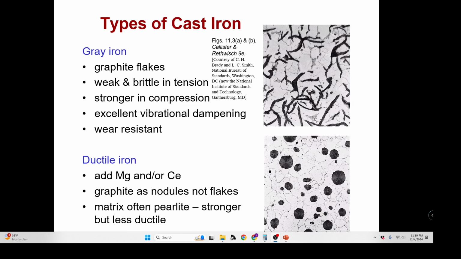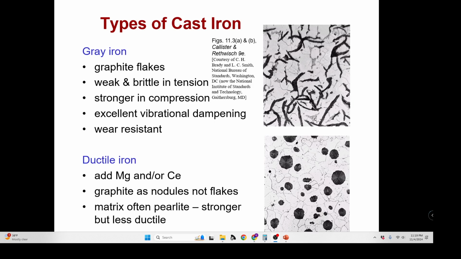So gray iron has these graphite flakes. It's weak and very brittle in tension, so if you pull really hard on it, it fails. It's stronger in compression, so that's why in something like a vise, cast iron makes a lot of sense, because you've got a lot of compression, not a lot of tension going on. Excellent vibrational damping. This would be a poor material to make a slide hammer out of.